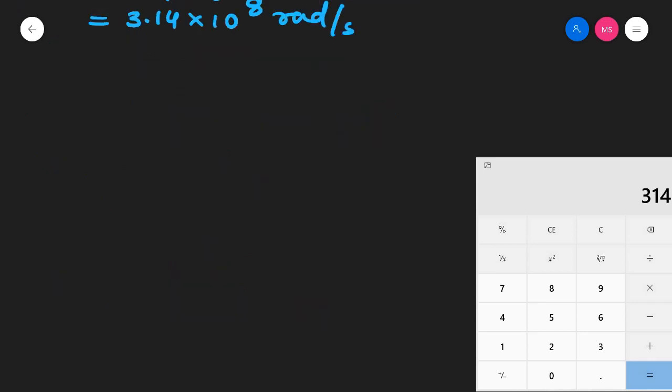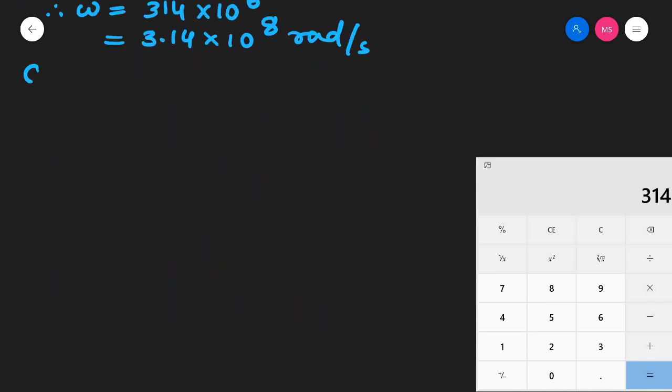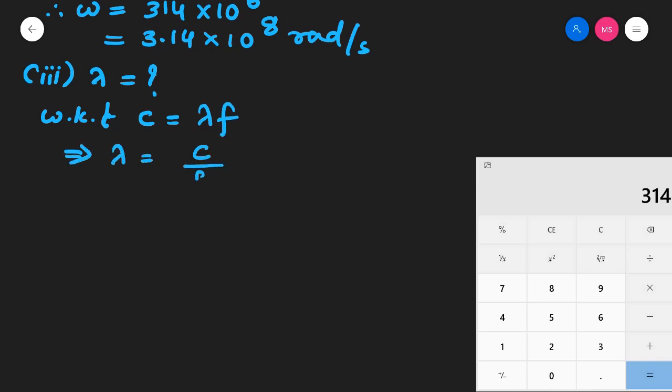Third one, wavelength lambda. So we know that c is equal to lambda f. So this implies that lambda will be equal to c by f.